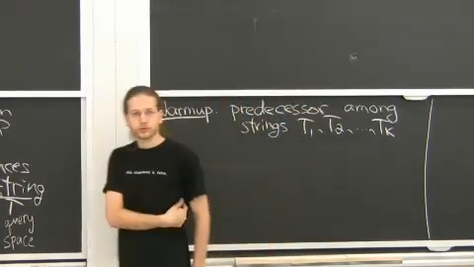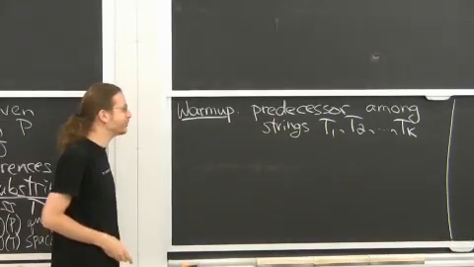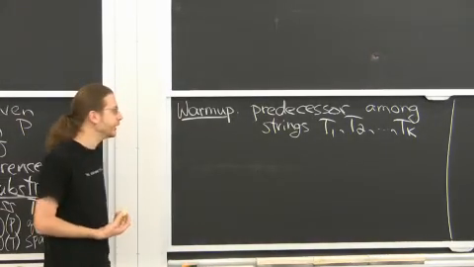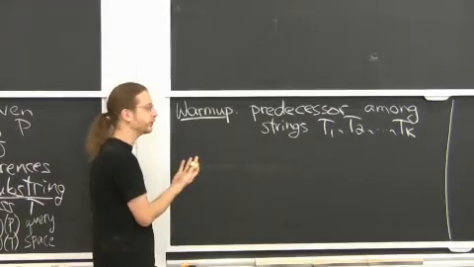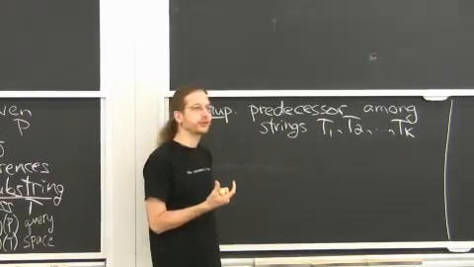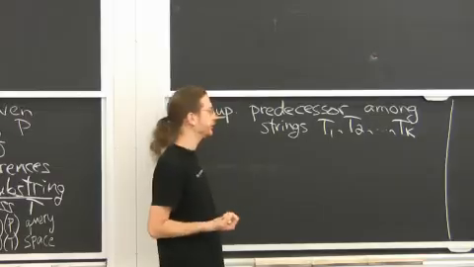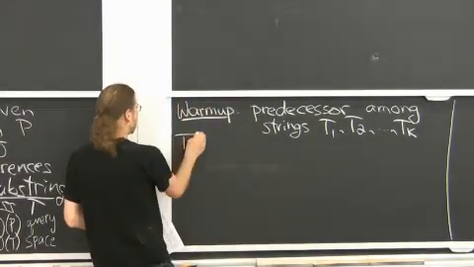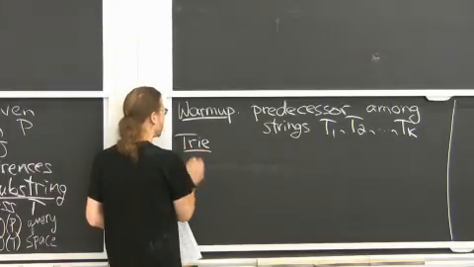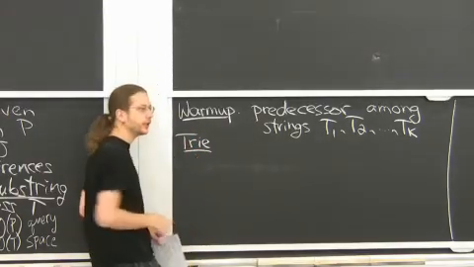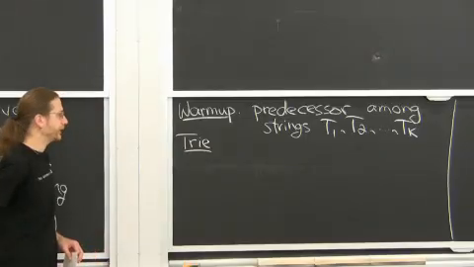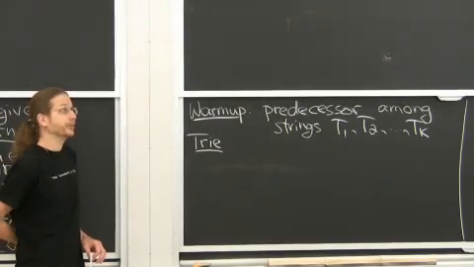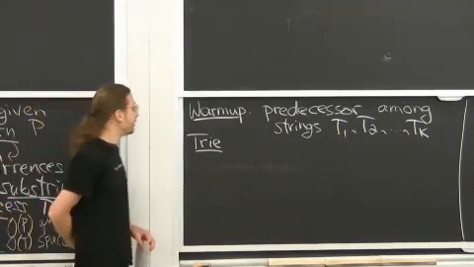Of course, you could try to solve that using our existing predecessor data structures, but they won't do very well. Even a binary search tree is not going to do well here, because comparing two strings could take a very long time if those strings are long. So we don't want to do that. Instead, we're going to build a trie. Now tries we've seen in the fast sorting lecture, when W is at least log to the 2 plus epsilon of n.